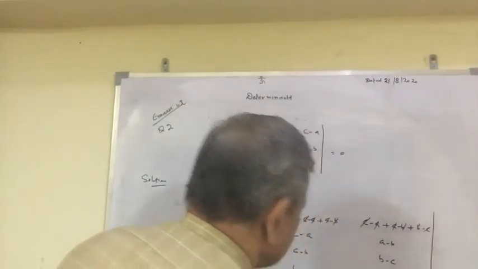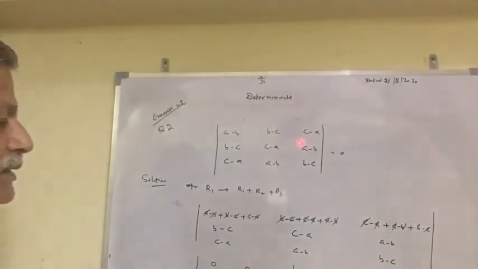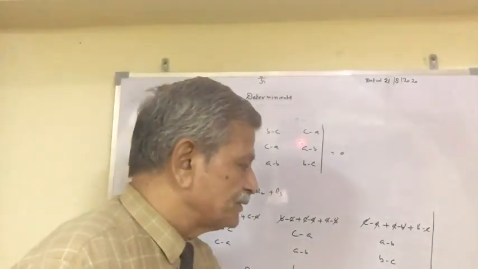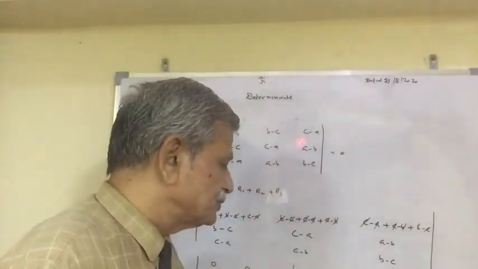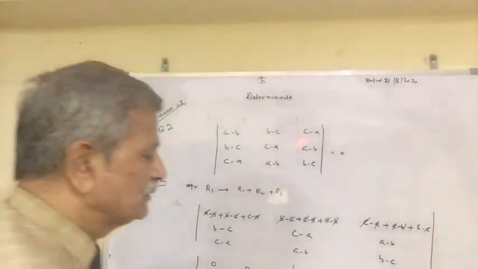So 0 is equal to 0. Open the determinant with the R1 row, so the value of the determinant is 0. So hence proved.